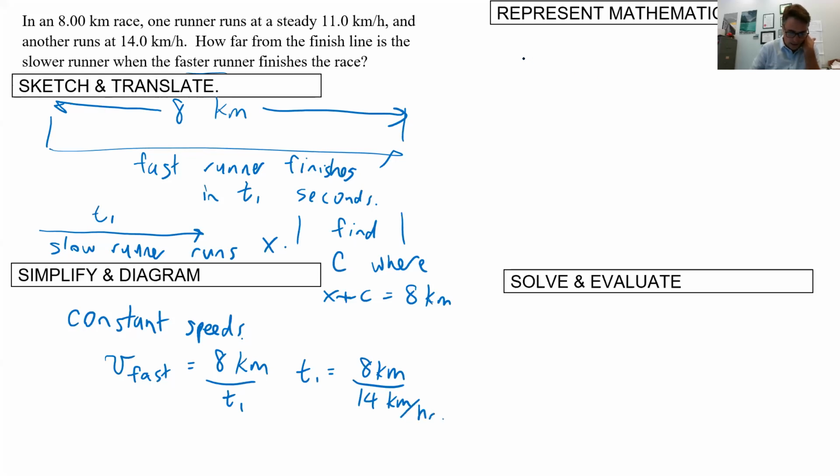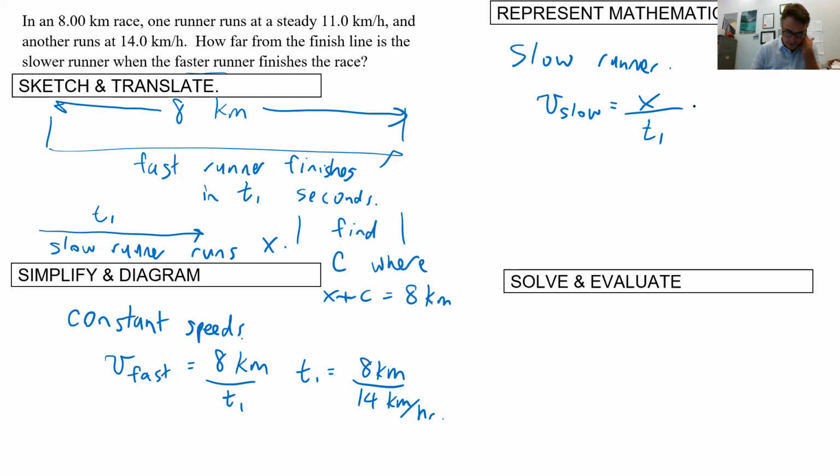And then X, the slow runner, kind of mixing these up a little bit here. V slow is equal to X, which is not 8 kilometers, divided by the same T1.